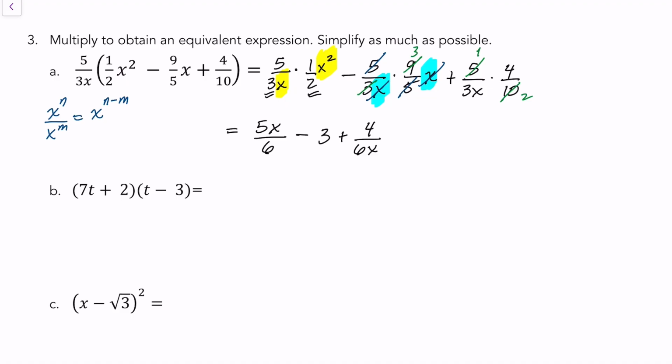But then notice that 4 and 6 have a factor of 2, so we can simplify even further by writing the following. So this is 5x divided by 6, minus 3, plus 2 divided by 3x. Okay, and this is our solution.